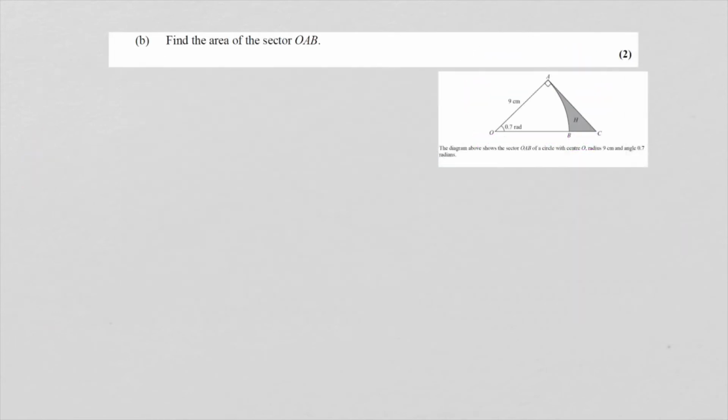The second part, part B, is asking us to find the area of the sector OAB. The formula for area of a sector is 1/2 r squared times theta, and theta is 0.7 radians. R is 9 centimeters, as you can see, 9 centimeters there.